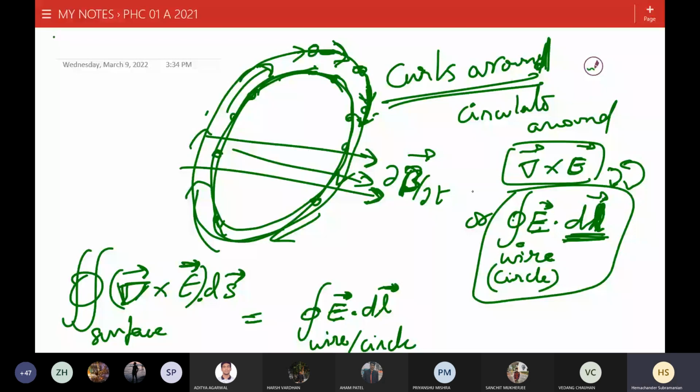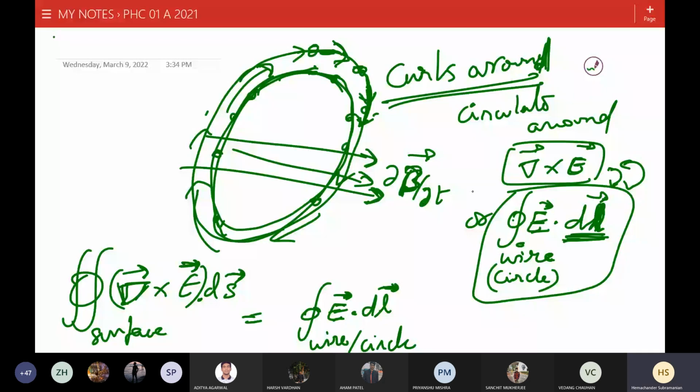The significance is here we are measuring how much the electric field is curling, how much the electric field is circulating around the wire. That's what we're trying to do. Oh, okay, sir. We're trying to measure how much the electric field is circulating, curling around in the wire.